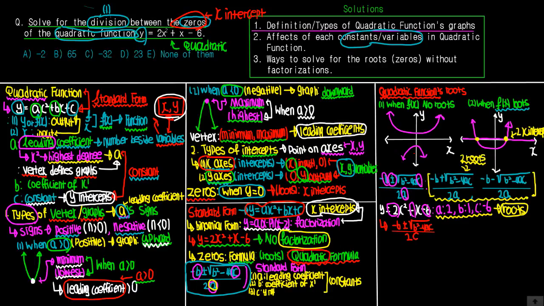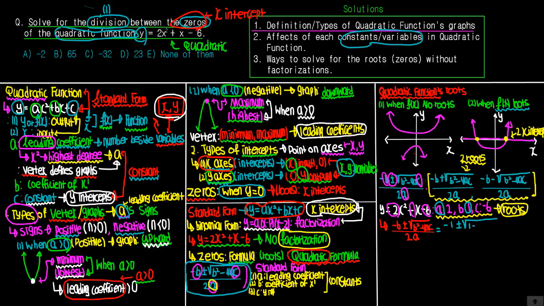So if you think about it, what is b? We put negative, and b is 1. And there will be plus or minus the square root of what? b is 1, so 1 squared is just 1. Minus what is a? Our a value is 2.